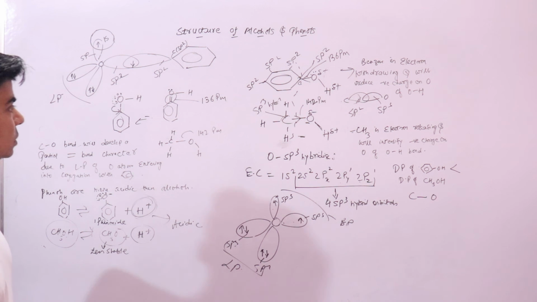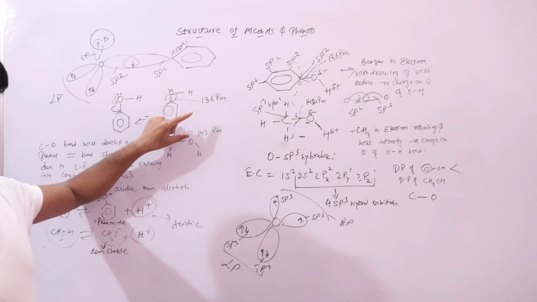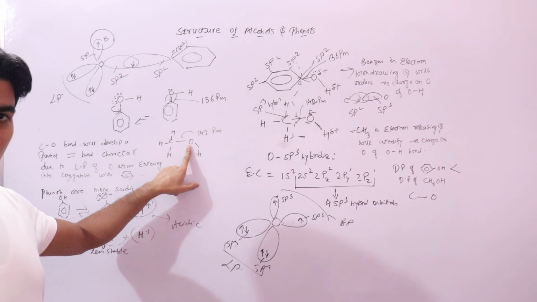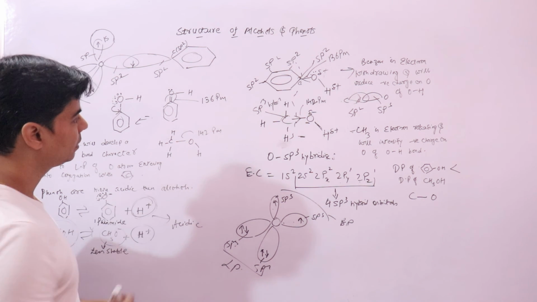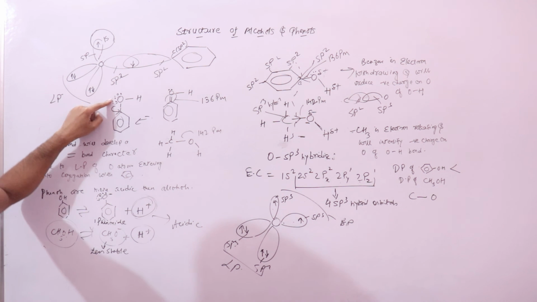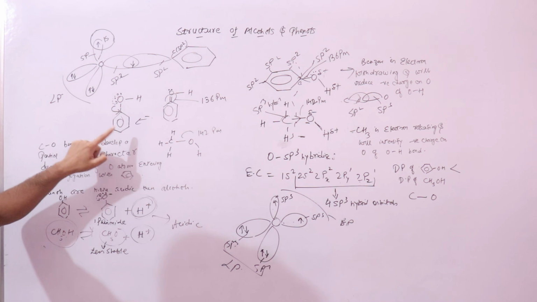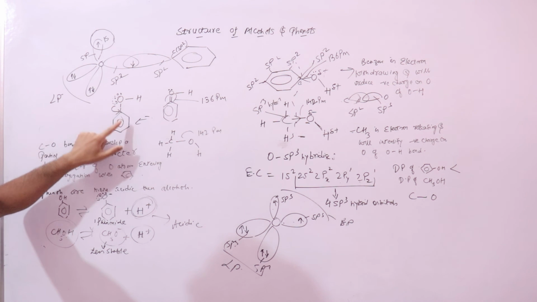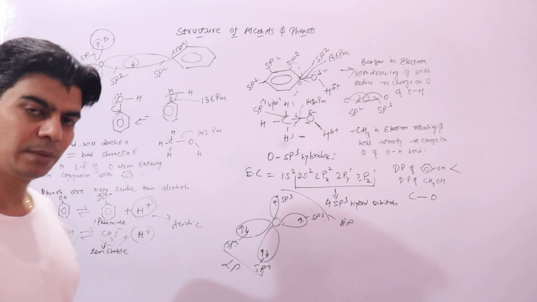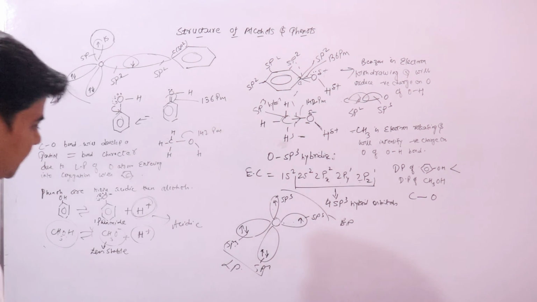Now talking about bond length, the CO bond length in phenol is less compared to the CO bond length in methanol or alcohols. Why? Because the lone pair of electrons on the oxygen atom enters into conjugation with the benzene ring, due to which it develops a partial double bond character, and we know that double bonds are shorter compared to single bonds.